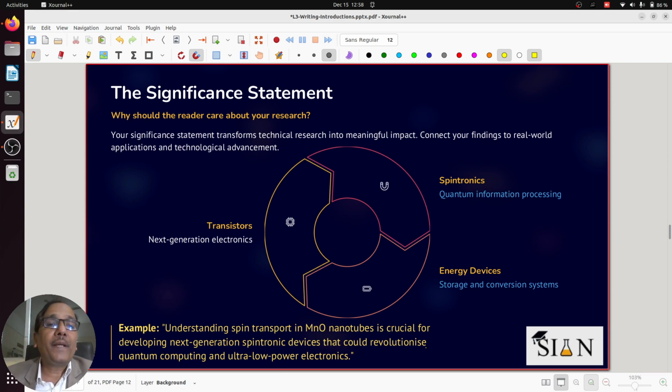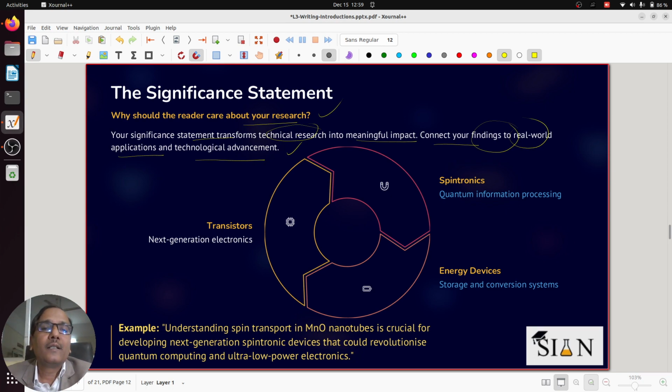Now, the significance statement. Why should the reader care about your research? Your significance statement transforms technical research into meaningful impact. Connect your findings to real-world applications and technological advancement. Generally, if you are doing something for your PhD work and it is correlated with real-world applications, then you have to connect that application to the real world.